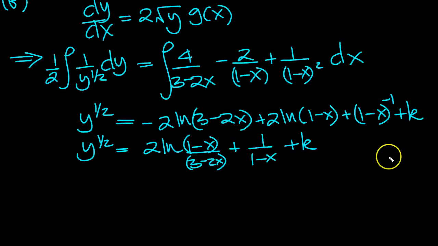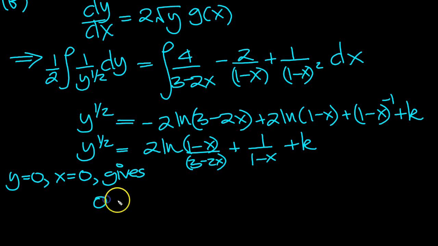Put in the initial conditions. y equals 0 when x equals 0 gives, so we've got 0 to the half is 0, 2 ln 1 minus 0 is 1, ln 1 over 3, 1/3, plus x is 0, so this will be 1, plus k.